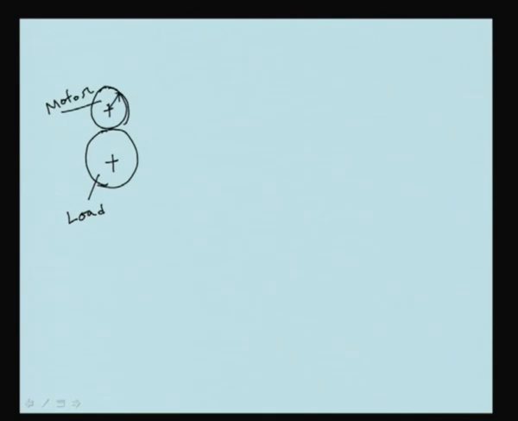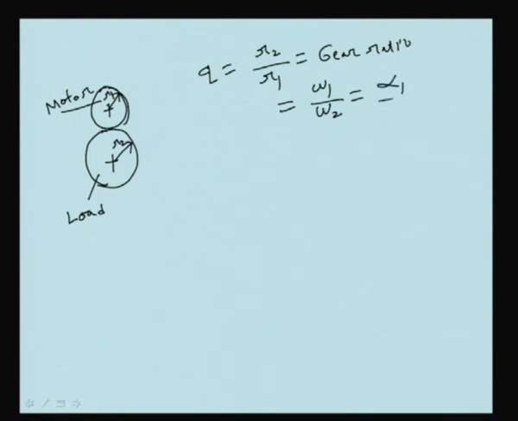If this radius is R1 and this is R2, then Q equal to R2 by R1 is called the gear ratio, which is equal to omega 1 by omega 2, which is equal to alpha 1 by alpha 2. Linear velocity is actually the same for both gears, so omega 1 into R1 is equal to omega 2 into R2.